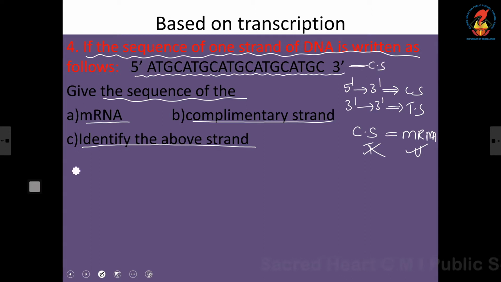Now the first part of the question, A, give the mRNA. So they asked us to give the mRNA, and I already gave you a clue. If the coding strand is given, mRNA is just the duplicate copy, except that T is replaced by U. So we'll identify the T's and replace them immediately. So we can just transfer it.